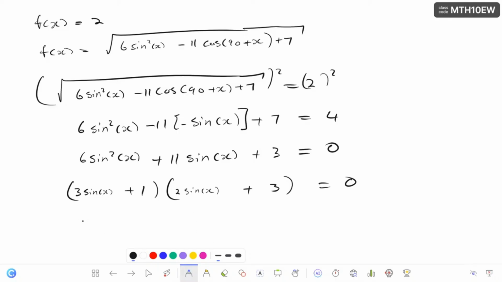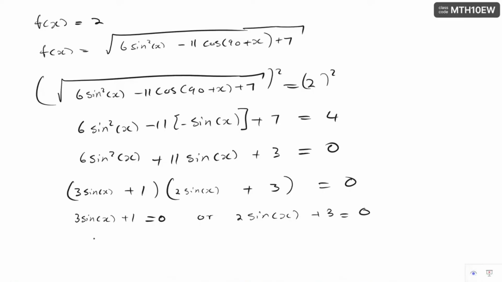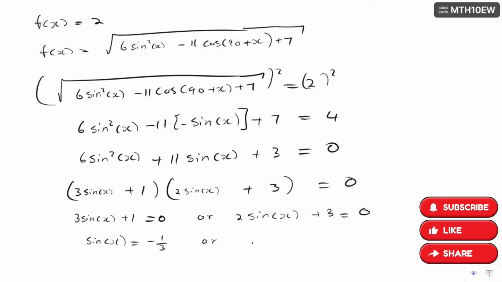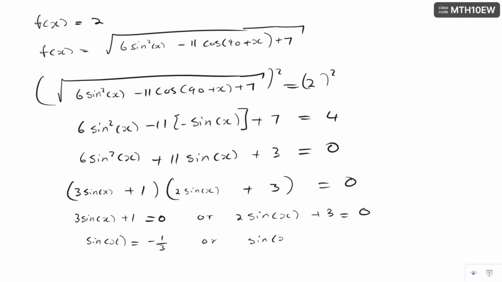So this is the same as 3 sine x plus 1 is equal to 0, or 2 sine x plus 3 is equal to 0. So sine x is equal to negative 1 over 3, or sine x is equal to negative 3 over 2. So this one is not applicable. If you try to punch it in your calculator, it's going to give you an error, so it's not applicable.